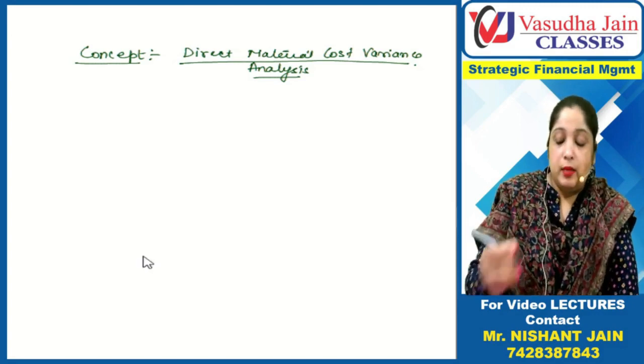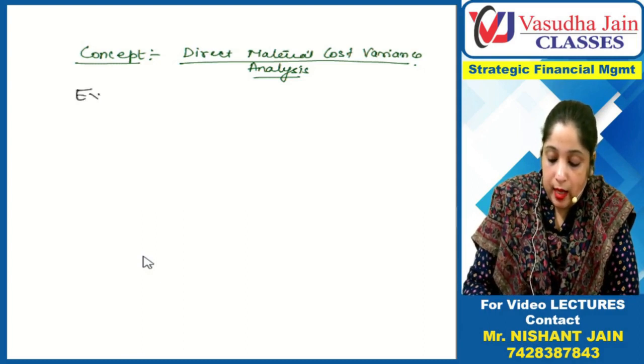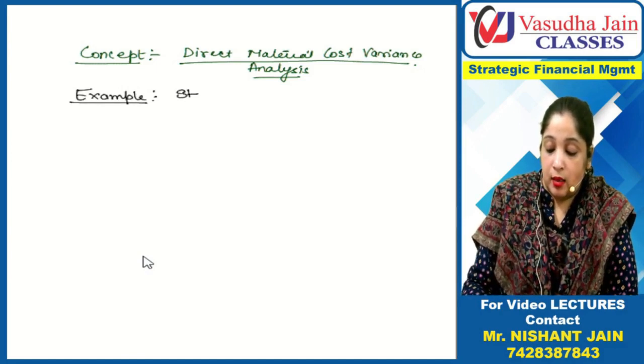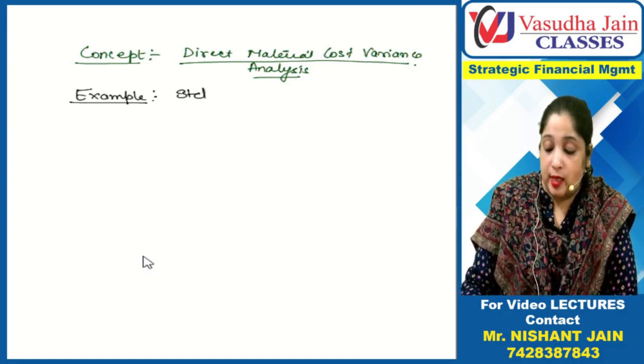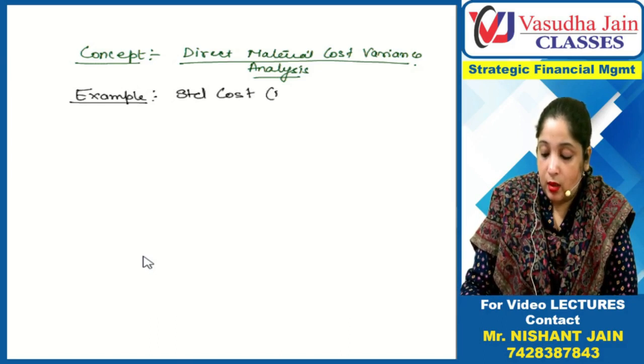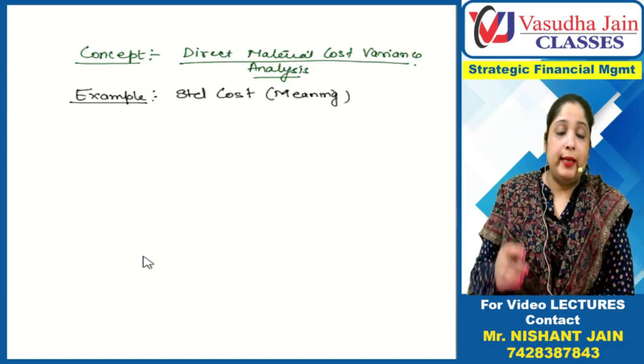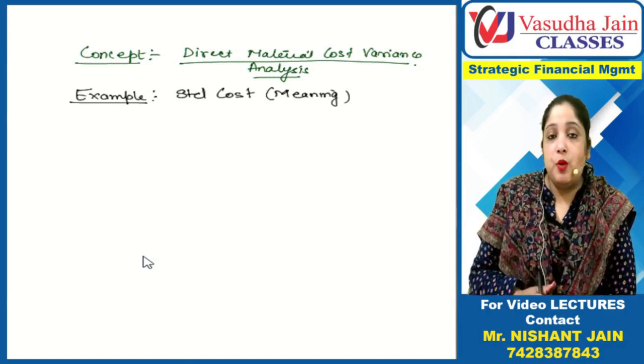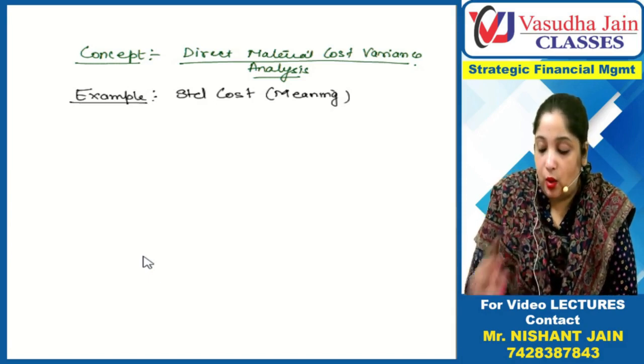Now just take an example and try to understand the difference and the meaning of standard cost. This is a very important example and a very small example, but this will help us to understand better what is standard cost.